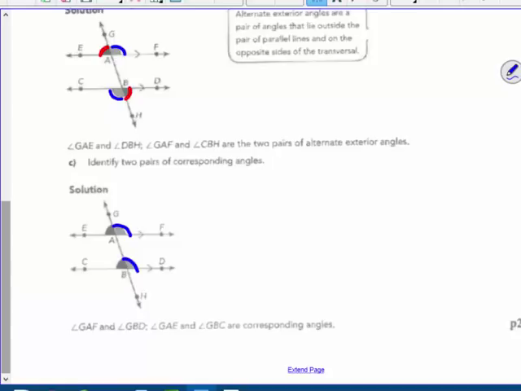And angle GAE, this red angle on the left and above, and angle GBC, also left and above, are corresponding. We didn't do the ones that were below, so we could do left and below and right and below. There are 4 pairs of corresponding angles.